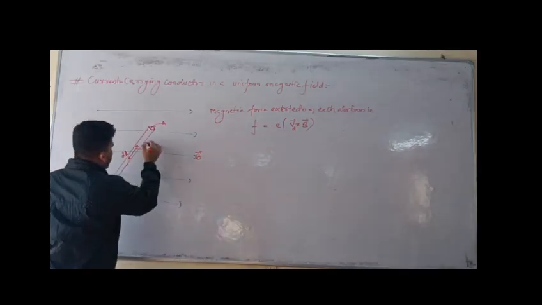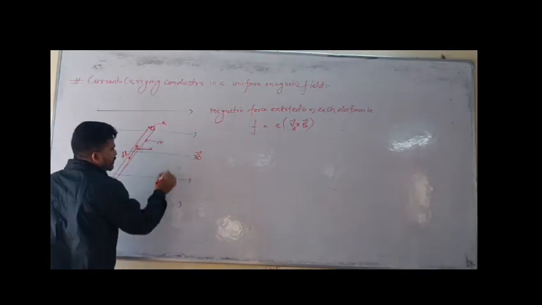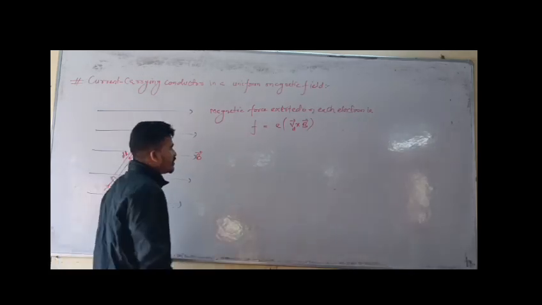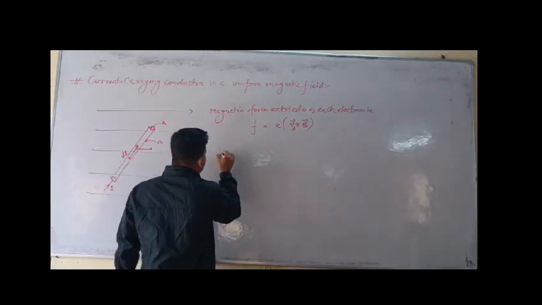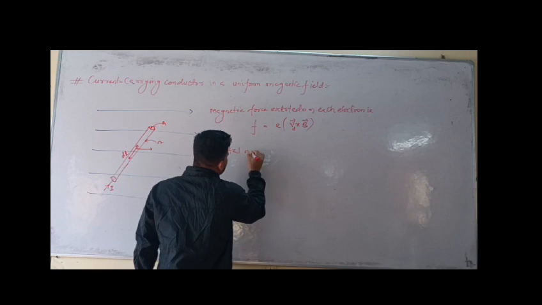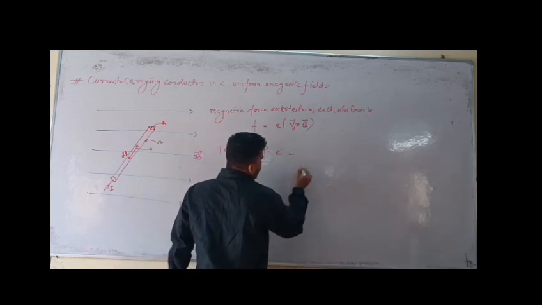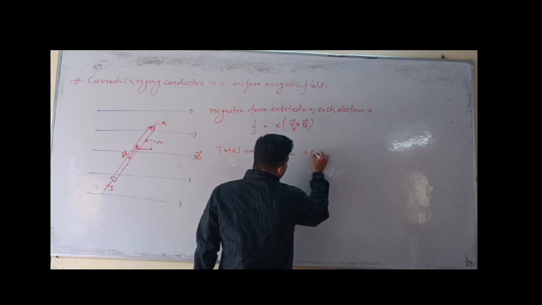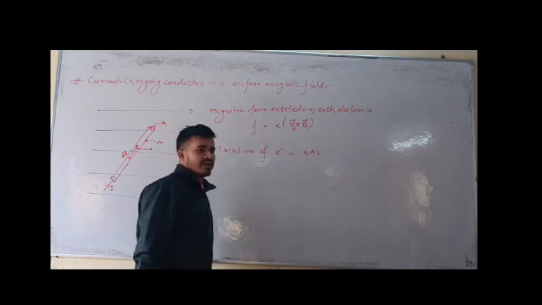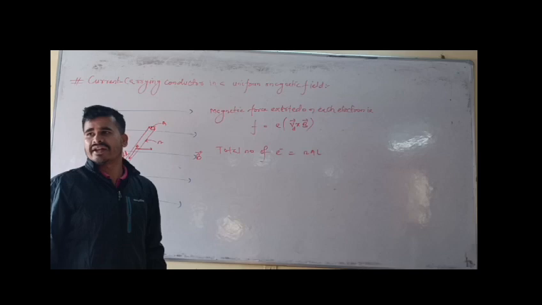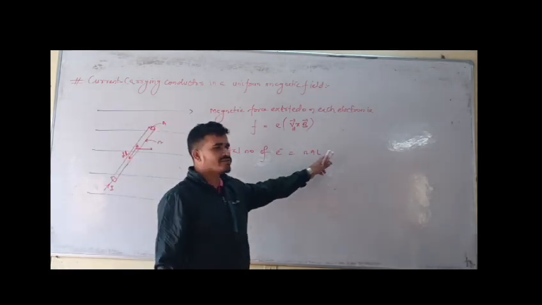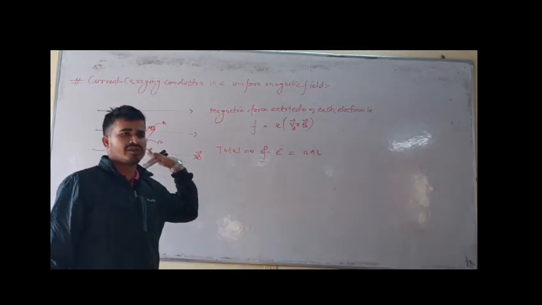If electron density is N, the total number of electrons is equal to what? N A L. Yes, because A L is the volume of this conductor.